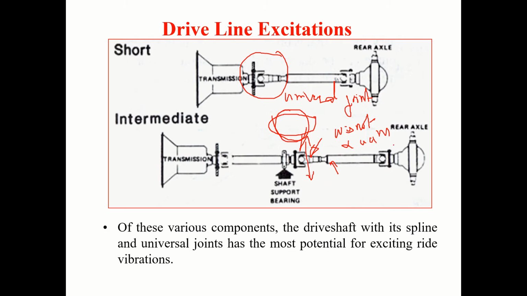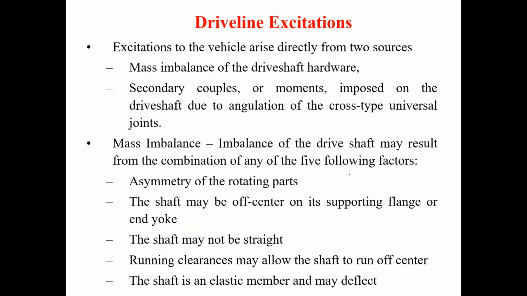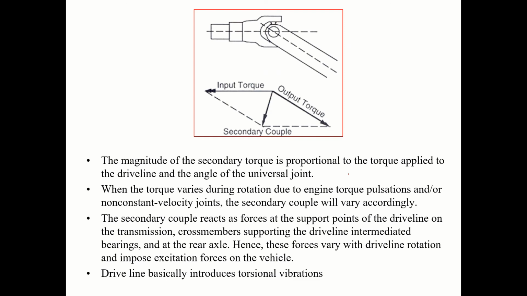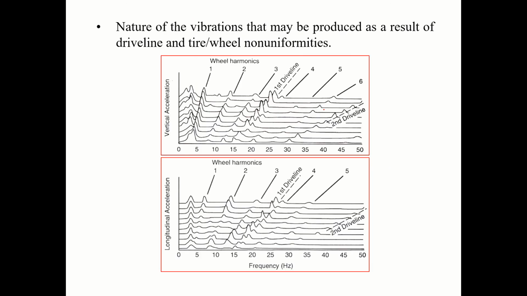Sometimes to cancel this, we introduce one more U joint. Then it will be smooth if it is completely cancelled. Otherwise, we will have this kind of difficulty.